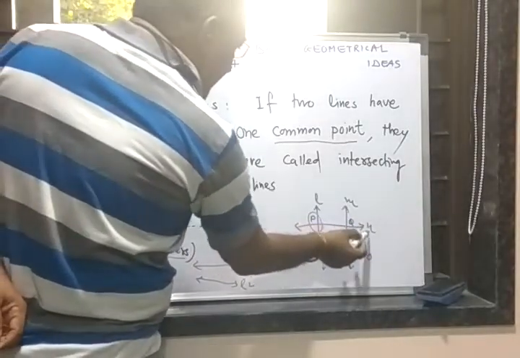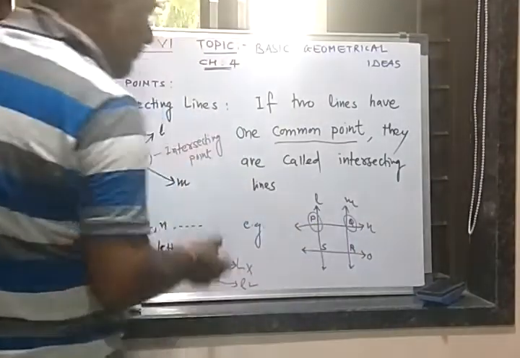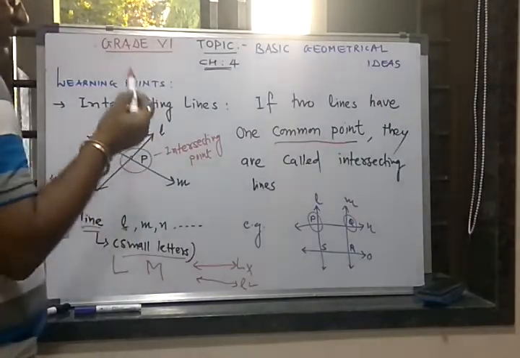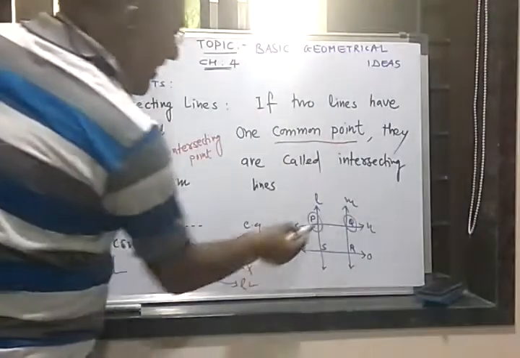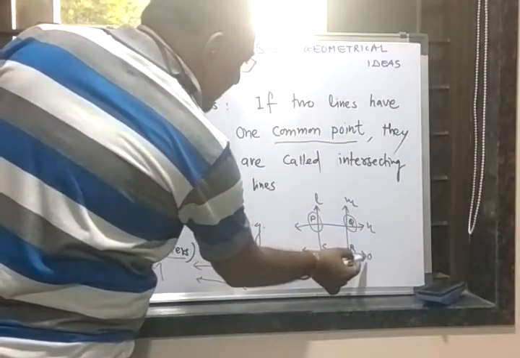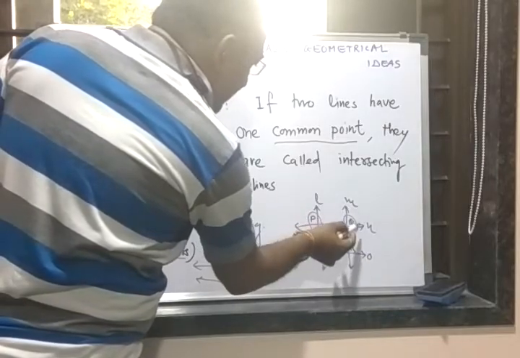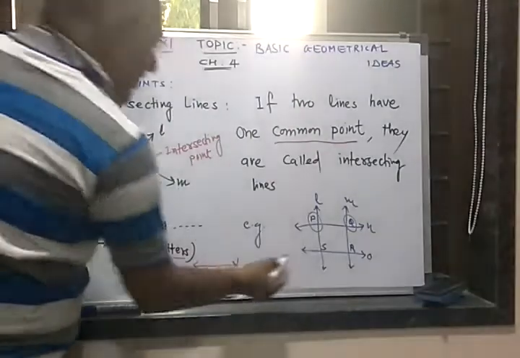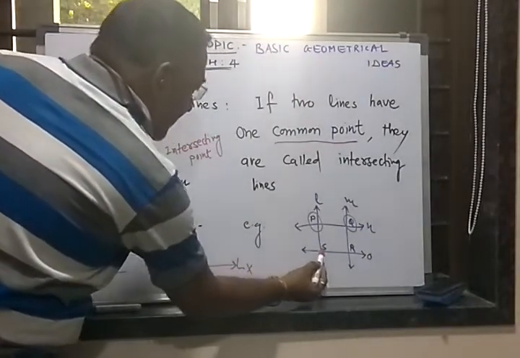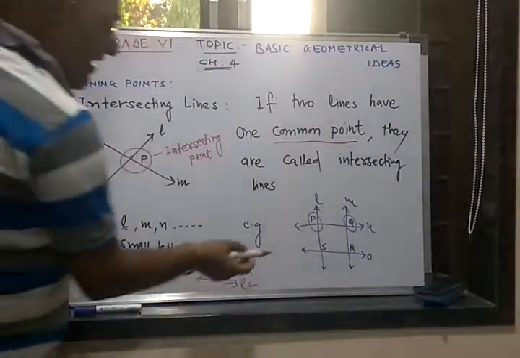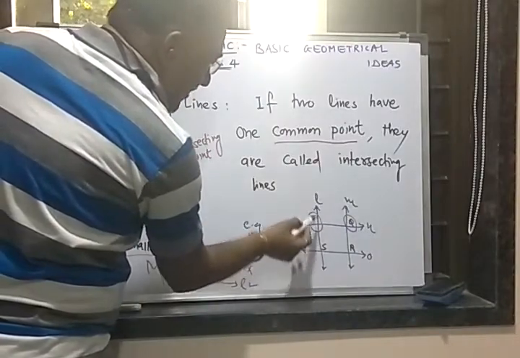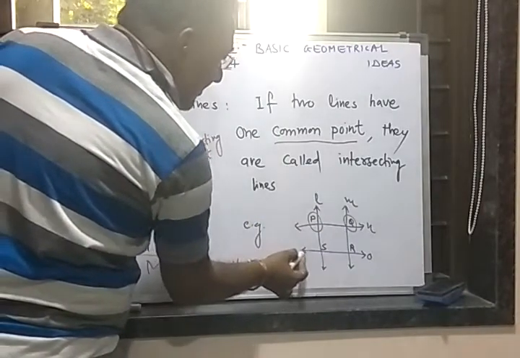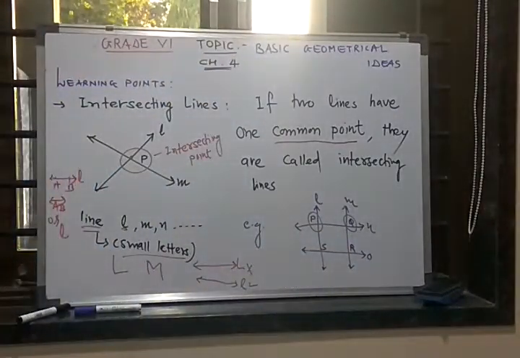M and N. Q. What is the common point of line M and O? M and O. So here it is R. Here S is the common point of which lines? So you can tell S is the common point of line L and line O. Okay?